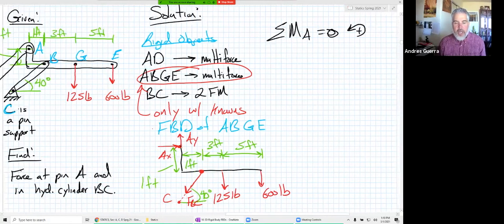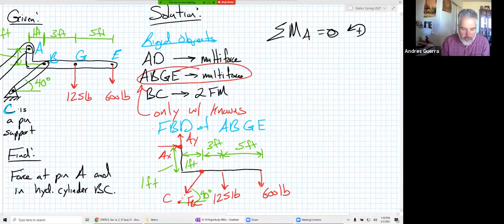And so we said, if we sum moments about point A, that equation will not include AX or AY, because AX and AY do not cause a moment about point A. So by picking points where there are 2 forces that occur, 2 unknowns, we exclude those from our equation. And now the only unknown in our sum of moments about A equation is going to be FBC.